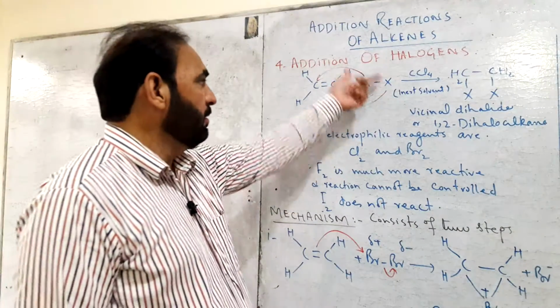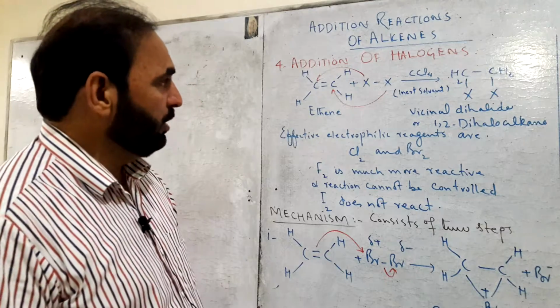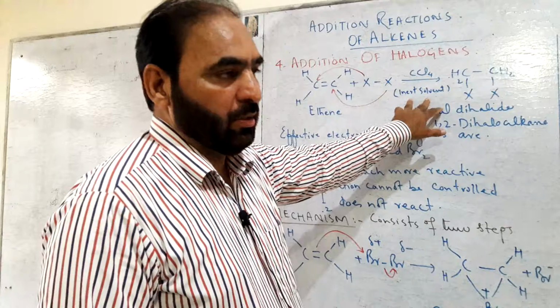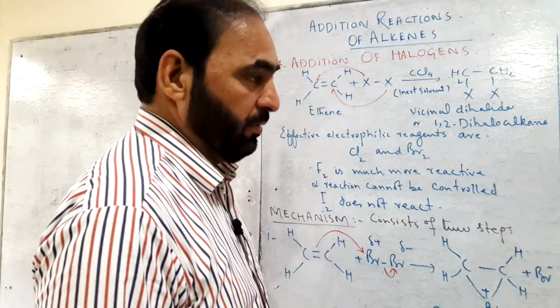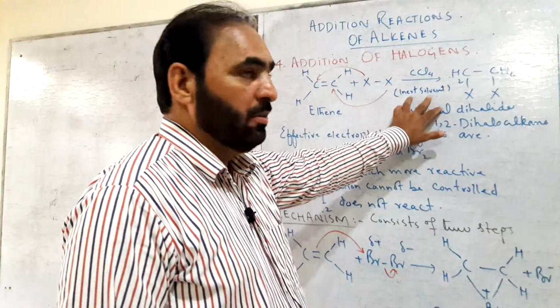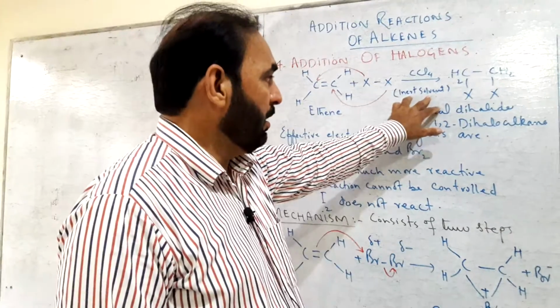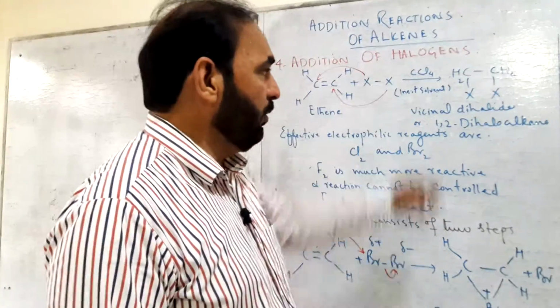They can also be added to an alkene, but we have to use a solvent which does not take part as a reactant in the chemical reaction. Such a solvent is an inert solvent, and the best example for an inert solvent is carbon tetrachloride, CCl4.